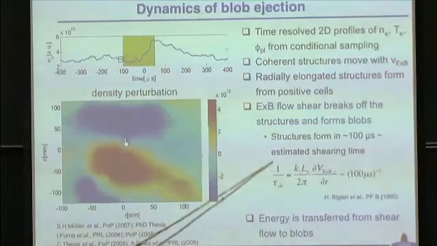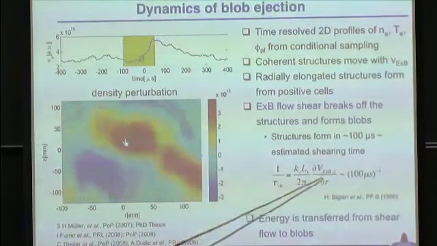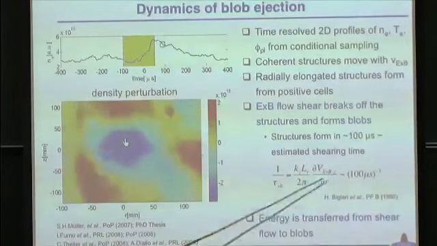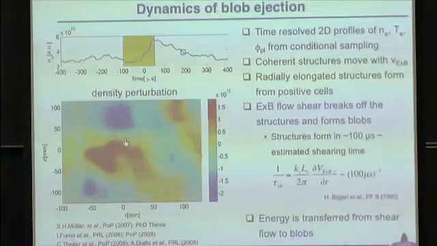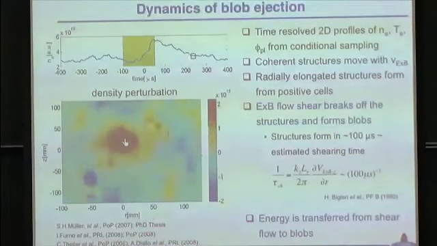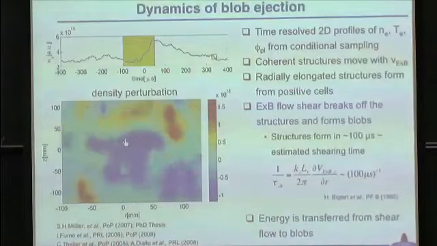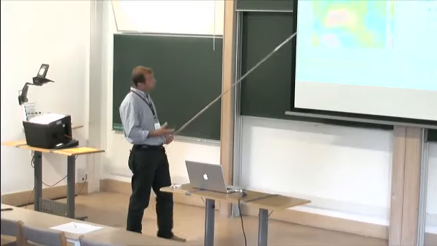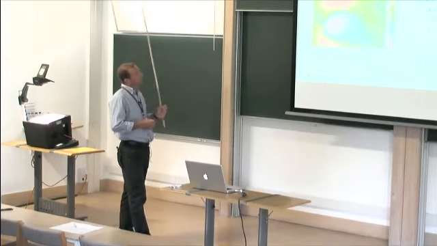And if you compare with a simple estimated shearing time from Biglari et al., putting the numbers that correspond to these quantities, which we measure directly, you can get an estimate, and that's really in the same ballpark. I don't mean it's exactly 100 microseconds, but it's really the same order of magnitude. So I think we therefore know the mechanism of formation of these blobs, and we know that the energy is transferred from the shear flow to the blobs.